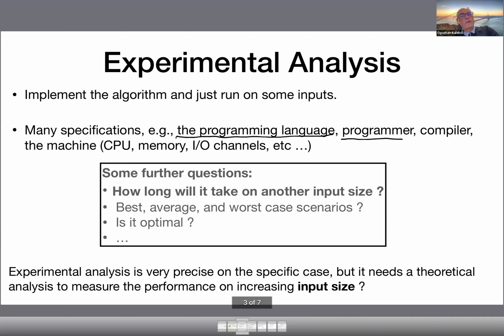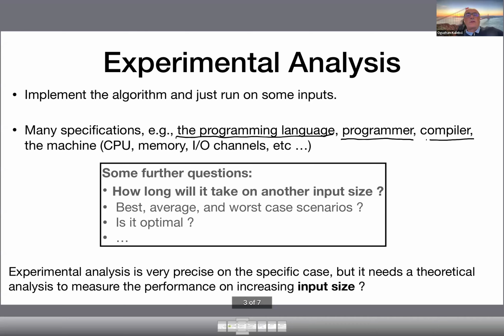It also depends on the programmer. Maybe the programmer is an experienced programmer using better instructions, more sophisticated instructions, writing the program more efficiently. So that is why even the same algorithm will not have the same efficiency between different programmers' implementations.